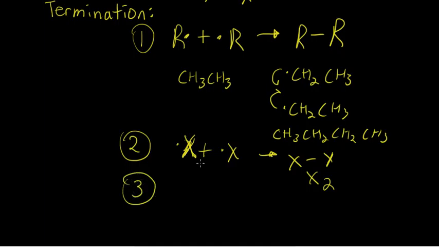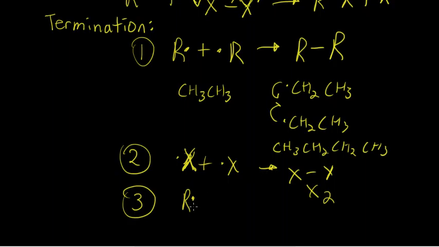Alternatively, you could have the alkyl radical combine with the halogen radical, excuse me. And that really generates your product, but it also can serve as a termination point for this reaction. If one of these three things occurs, then the reaction can terminate and the process would end.